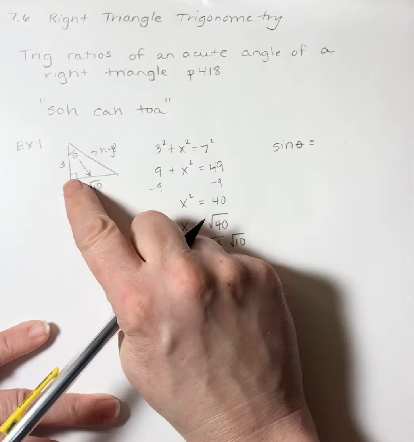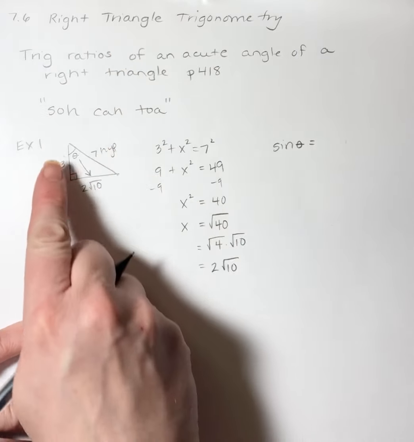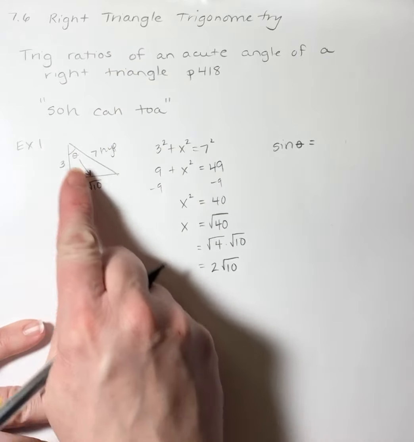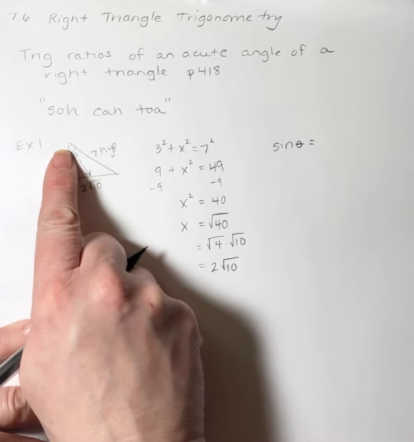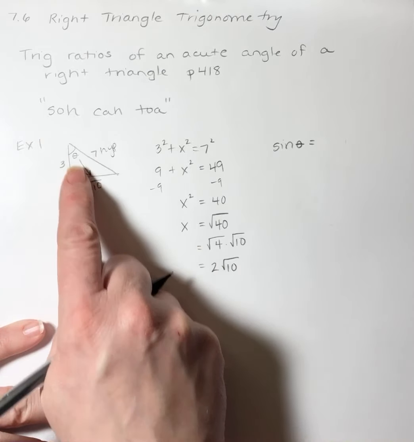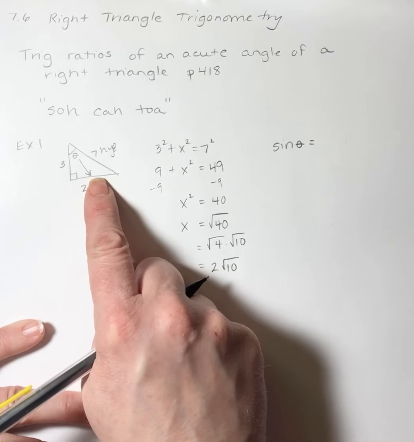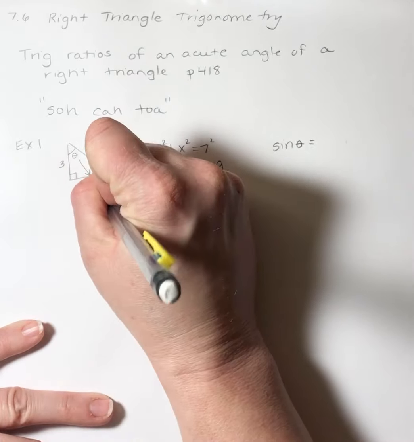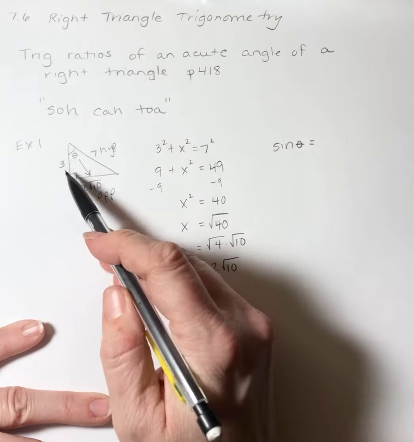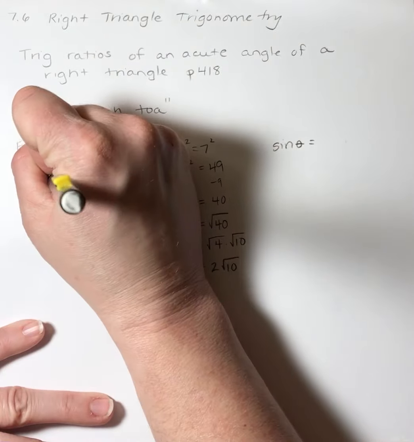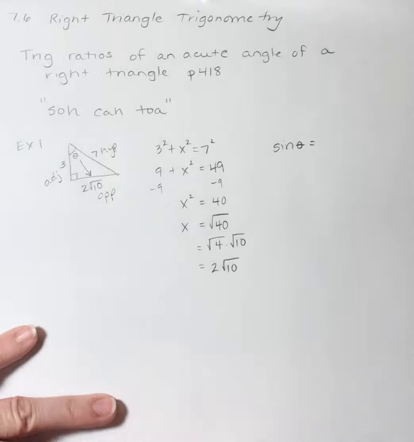The hypotenuse is the one that's opposite the 90-degree angle. The side opposite an angle, I can always draw an arrow to that, okay? Notice that this angle isn't made up of that side. It doesn't touch that side. So this is my side opposite, which leaves this side right here to be my side adjacent, okay?